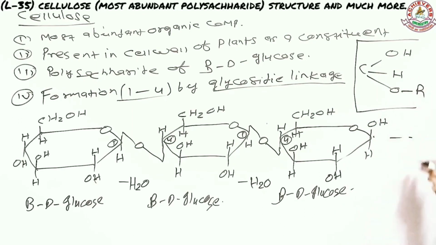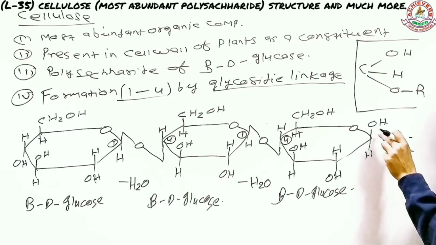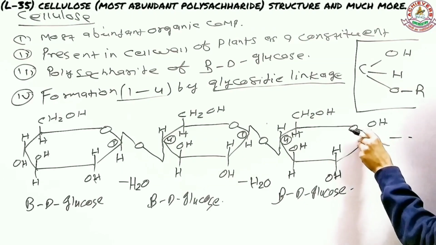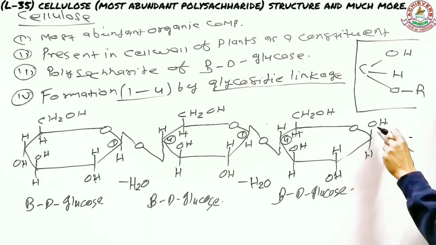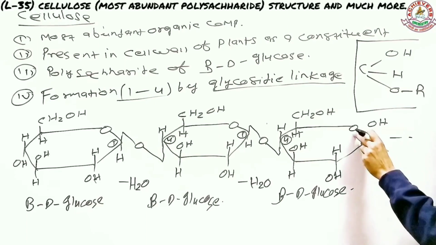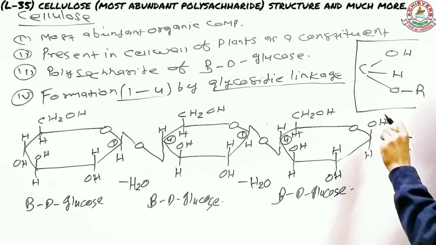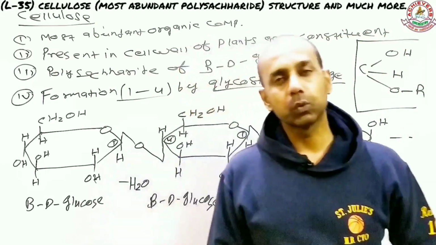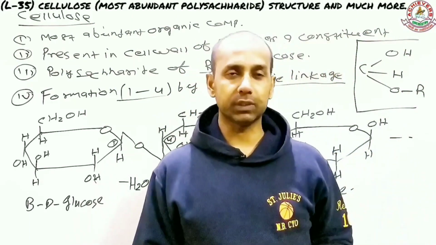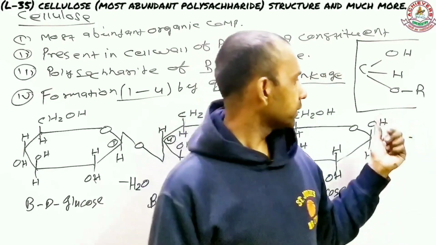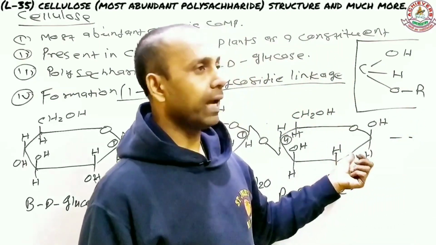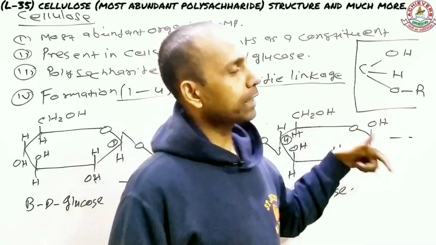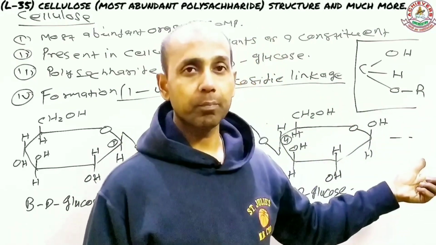So what it looks like is that this very first carbon of the end one, right? This end one is having OH here, H here and ether here. So this looks like a reducing sugar, but this is not a reducing sugar. In fact, it's a non-reducing. Why? Because this is not the glucose molecule at the end, because there are millions and millions of molecules in the chain.